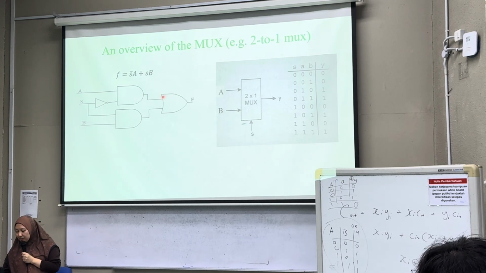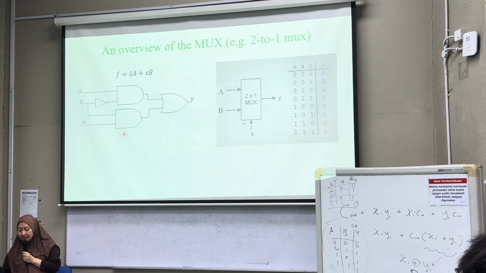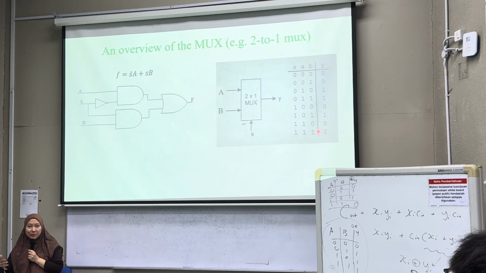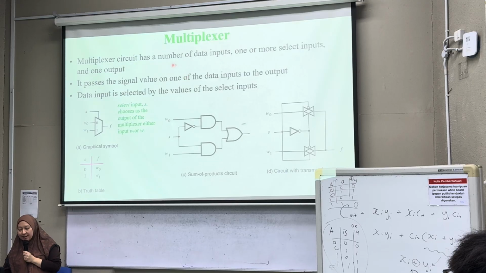So this is the circuit that you get from the truth table. This is just an overview before we go into details. The multiplexer has a number of data inputs. Here is W0 and W1. And you've got 1 or more select inputs and 1 output. It's always 1 output.